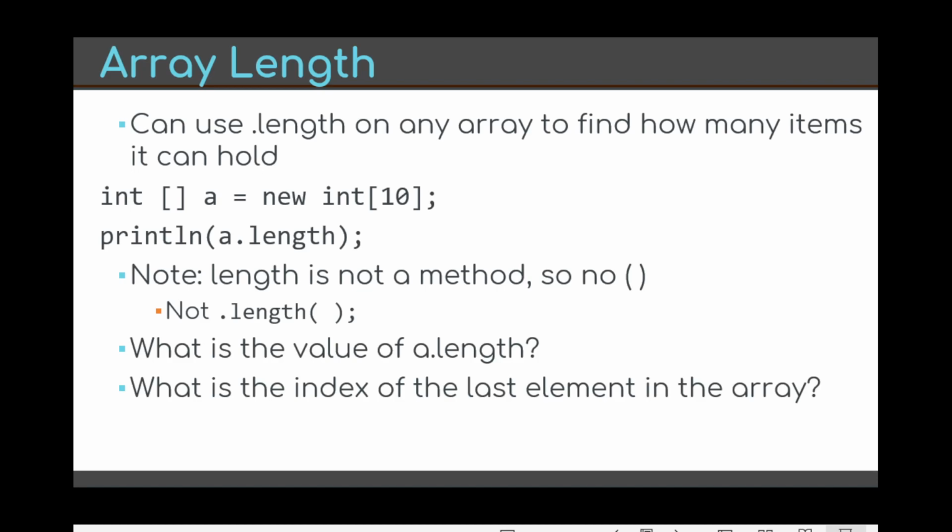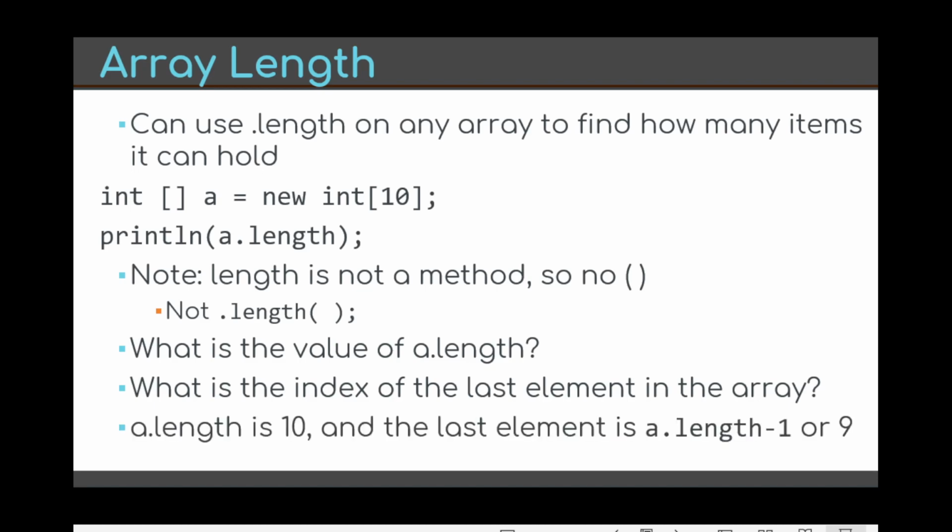So when you call this, it's important to know how length compares to the indexes in your array. So the important part here is that a.length is 10, so that's the size of the array, but the last element in it is 9, so we have 10 of them, right?